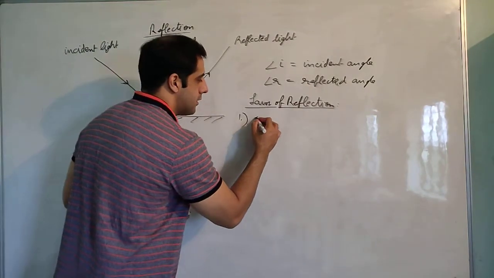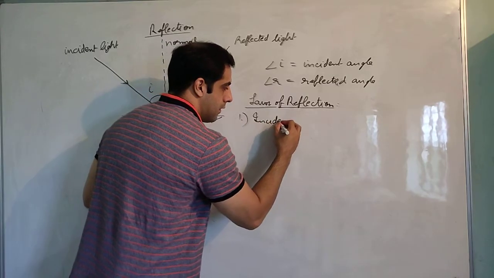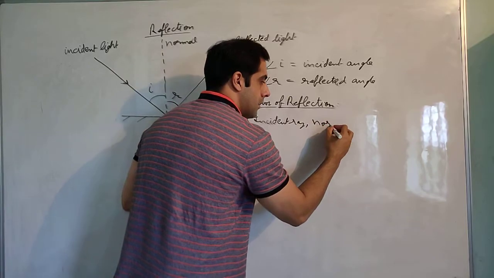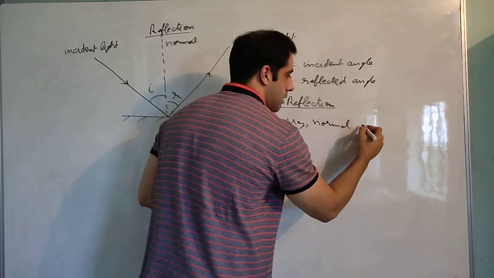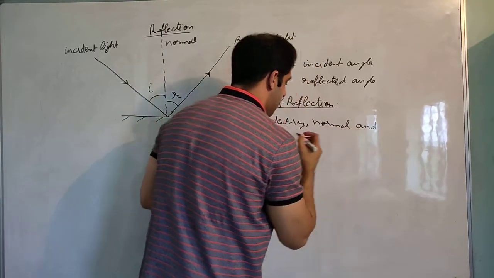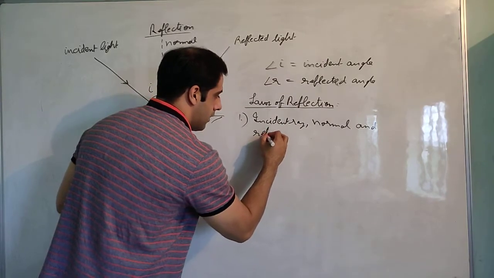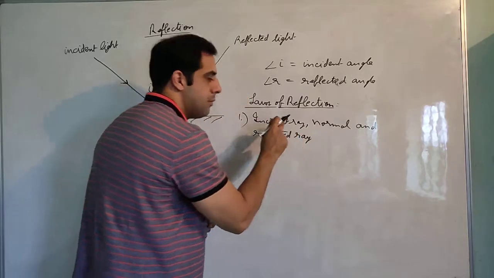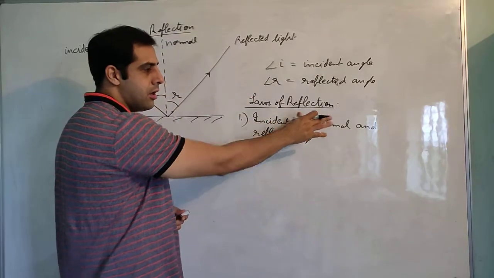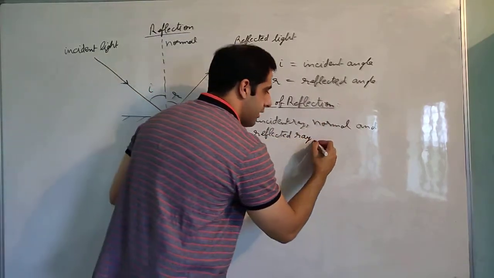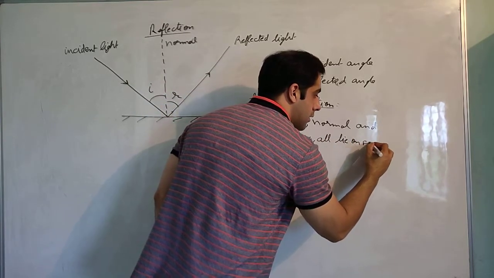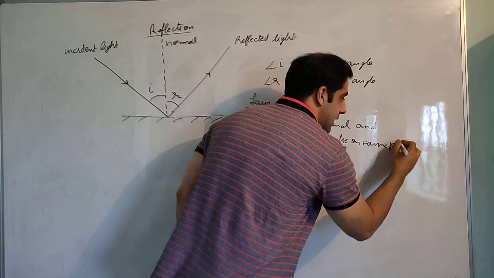The first law is: the incident ray, the normal, and the reflected ray all lie on the same plane. Ray means ray of light.